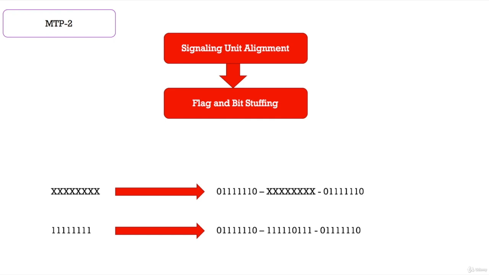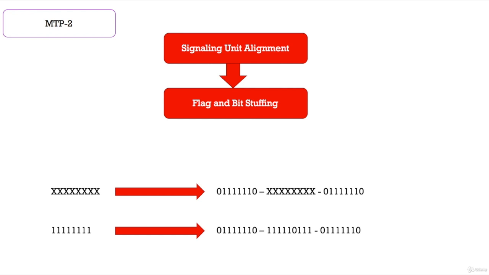To avoid that, we use the concept of bit stuffing: whenever we encounter 5 consecutive ones in the data packet, we insert a 0 after that. This way the whole pattern breaks and we never find 6 consecutive ones.